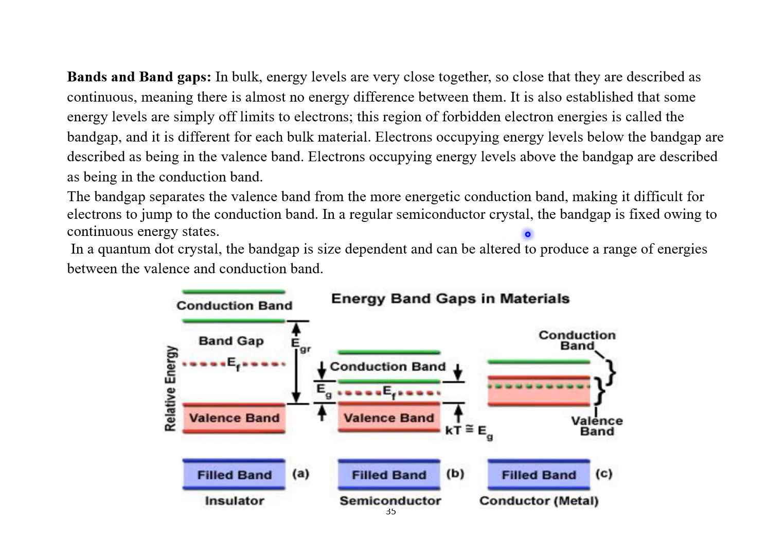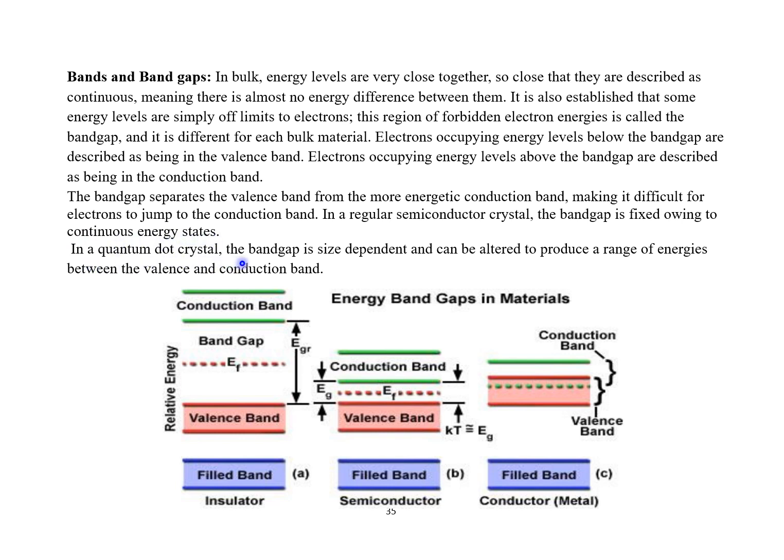In regular semiconductor crystal, the band gap is fixed owing to continuous energy states. يعني يقصد بالسيميكوندكتور اللي تكون in bulk materials band gap تكون ثابتة owing to continuous energy state.